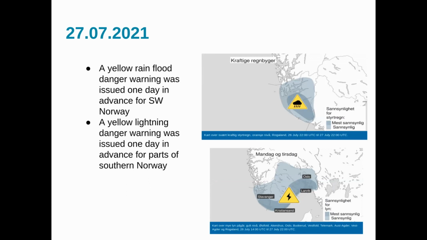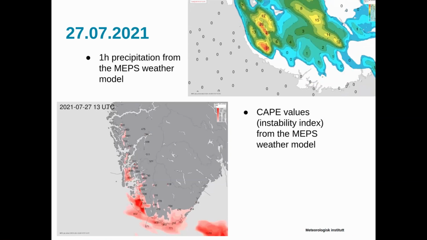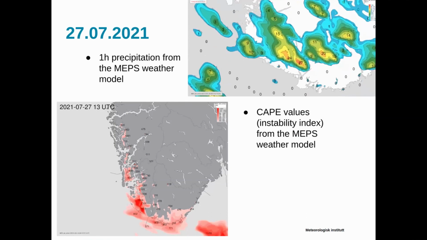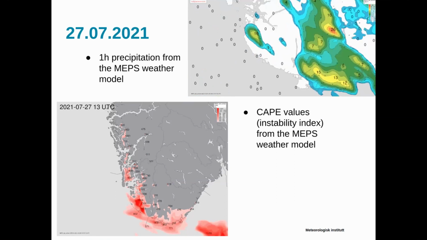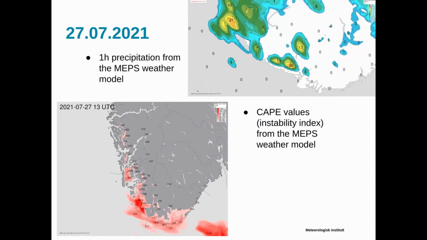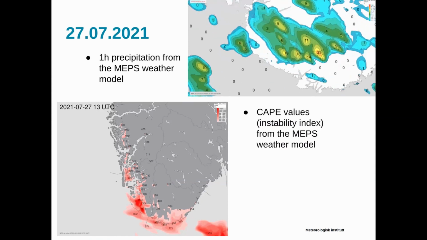But we followed the situation closely, and looking here more at the CAPE values on the bottom left, there were quite high values, 1500 to 1600, which is quite high in Norway. You can see that the scale ends at 1200, so quite high values, at least in northern Europe.